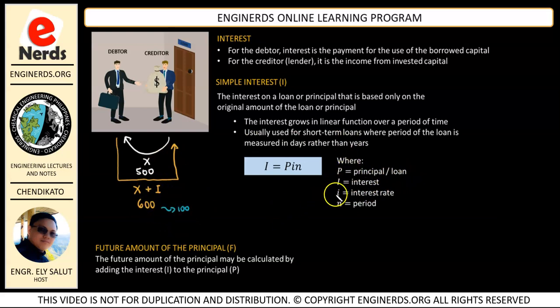While we have here the small i, which is the interest rate. This is expressed usually in percentage. And N is the period kung gaano katagal bago nagbayad ang ating debtor, and this is expressed in years. Okay, so ito lang yung tatandaan nating formula for interest. Interest is equal to PIN.